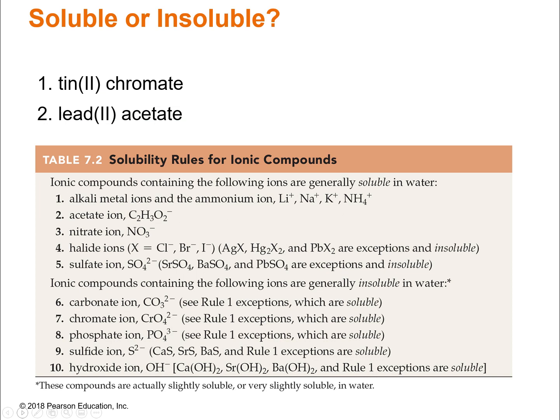We've got tin 2 chromate. That's what that compound looks like. To figure out whether this compound is soluble or insoluble, we're first going to locate the rule that talks about chromate ions. That's rule number 7.